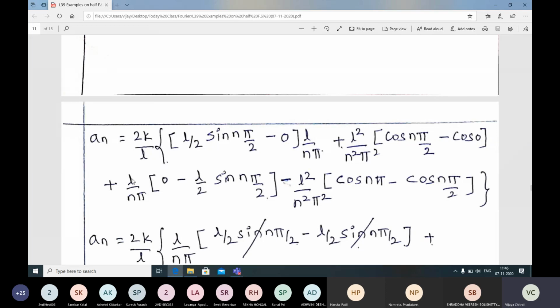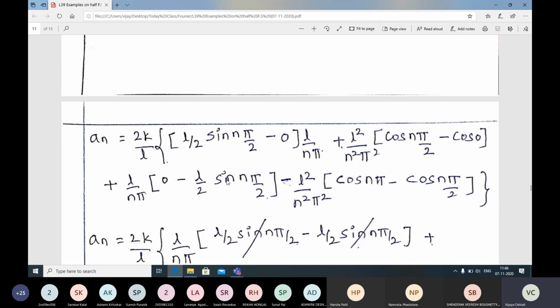Next will be plus 1 upon n pi, right? This is as it is, and substituting in place of x the upper limit L. So L square minus L square is 0. 0 into something is 0.